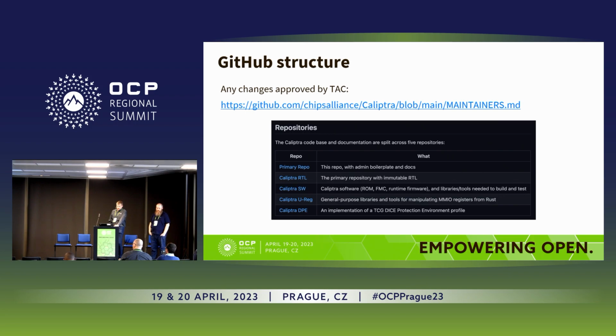Currently, maintainers are from the four companies that initiated the project, and we have different maintainers for each repository, and you can find all the details under this link with all the names from each company maintaining the contributions for each of the repos.